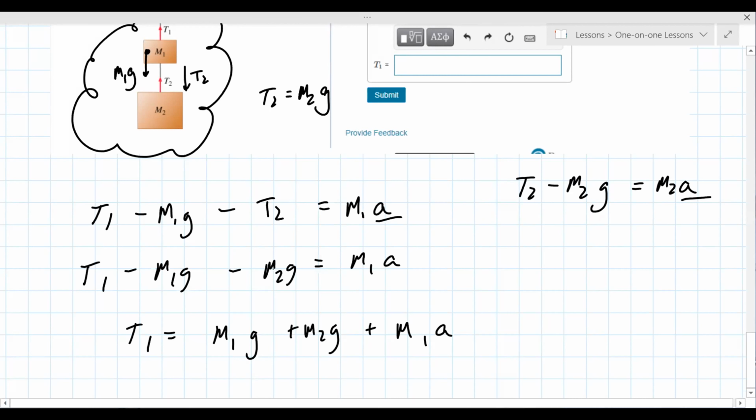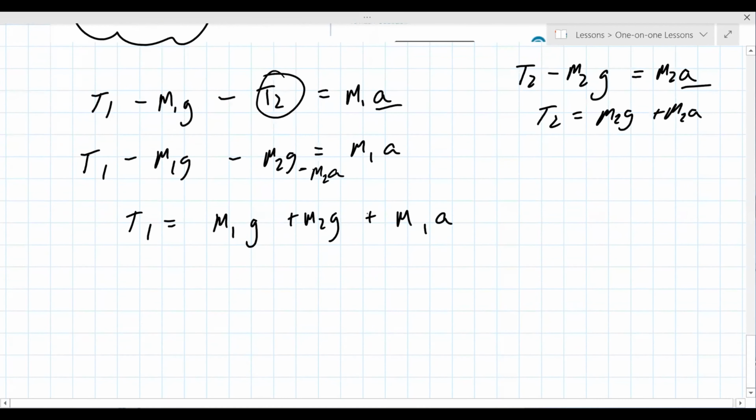So we might have made a bad substitution for T2. T2 might be all of this, M2G plus M2A. So that would change this right here. This would be minus M2A here, and then this would be plus M2A here. Oh, plus M2A. Yeah, that might just do it. Correct.